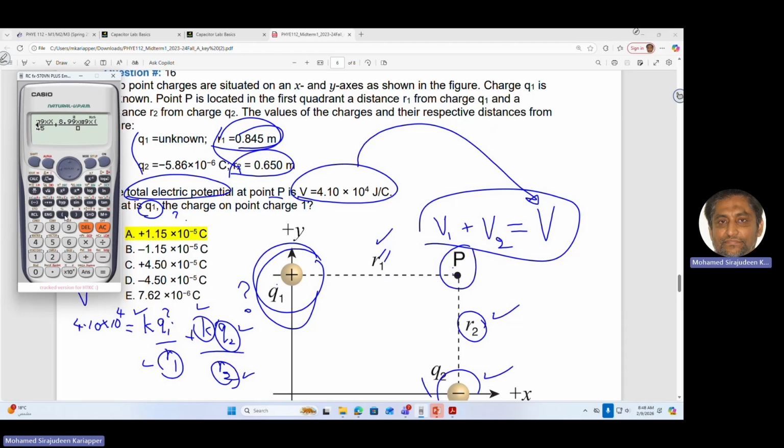It will be problematic, okay? So you must put the bracket and choose this negative sign, and 5.86. You should know how to use this exponent thing. Minus 6. Close the bracket.